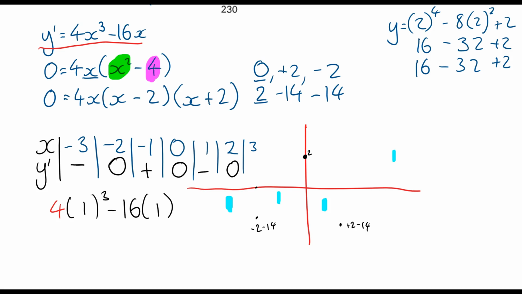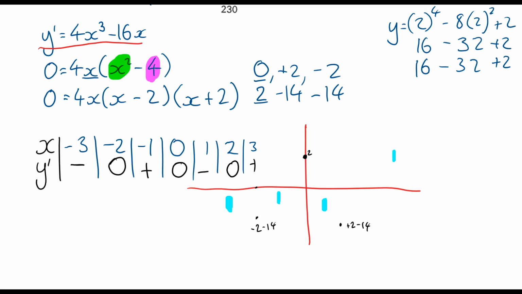Then +3 cubed times 4 is going to be 27 times 4, or the 108 again, positive again, minus 3 times 16, which isn't going to be as big as 108, so it's going to be a positive gradient. Now I've got that table filled out.